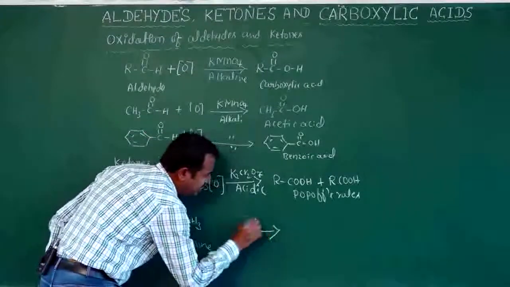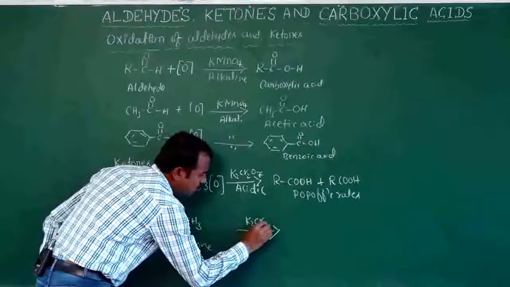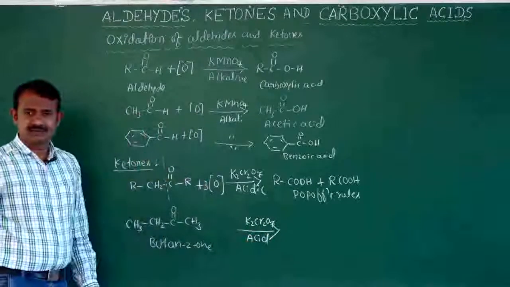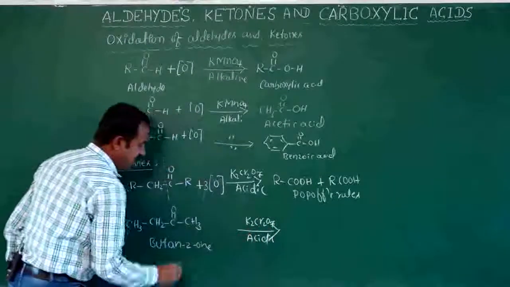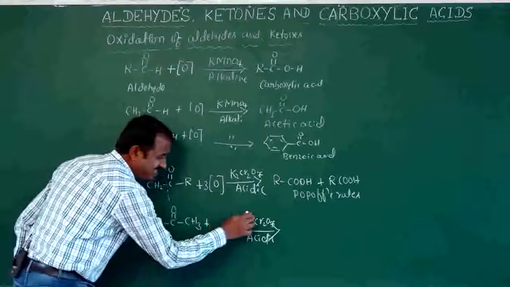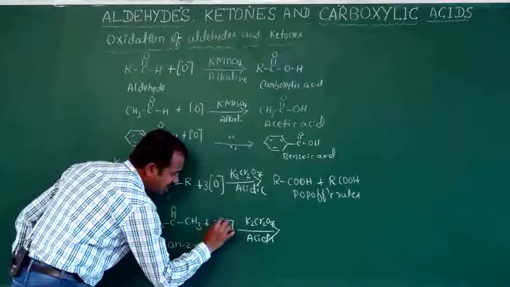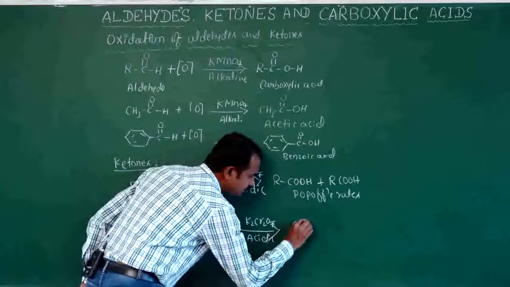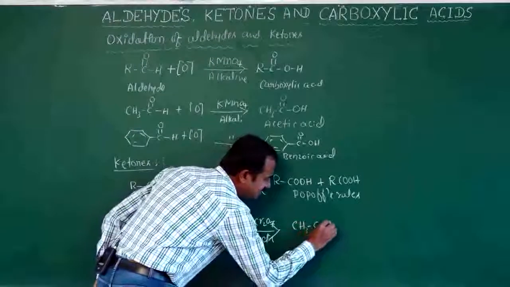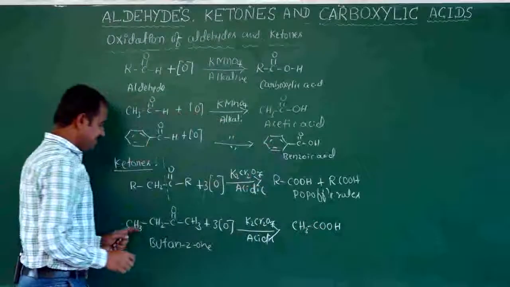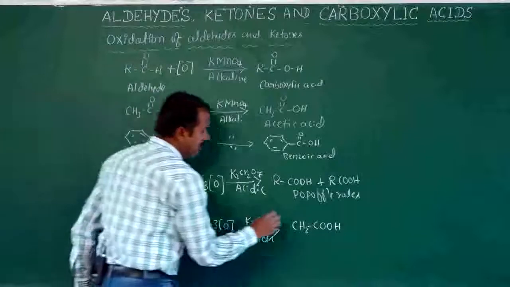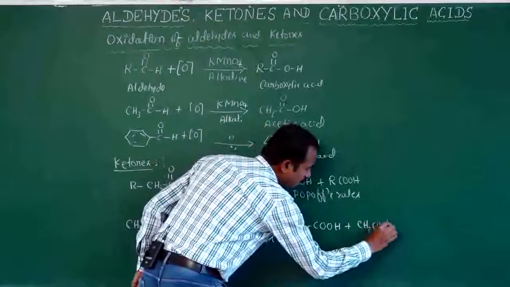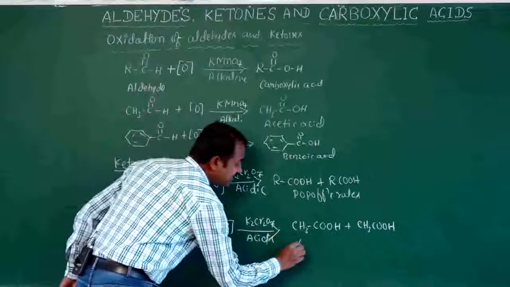Butanone is oxidized with potassium dichromate in acidic media, which is the given oxidizing agent supplying oxygen to the ketone, to form CH3COOH and another molecule of CH3COOH. You get acetic acid.